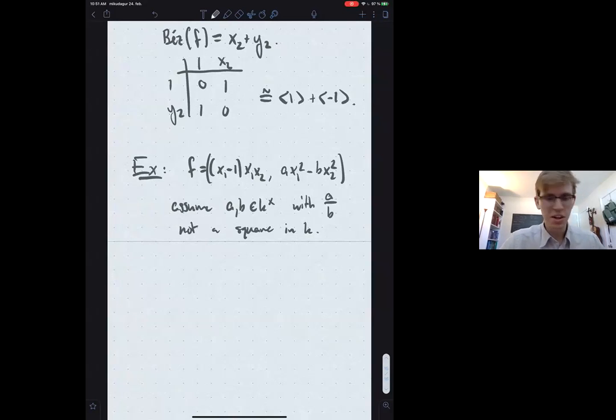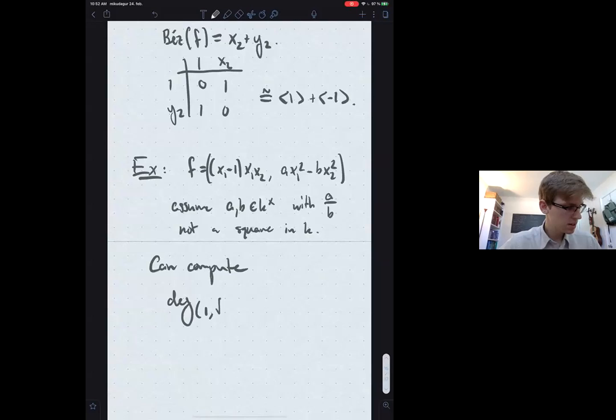I'll just say that you can compute the local degree of f at, let's see, if I pick 1, comma, the square root of a over b of f.